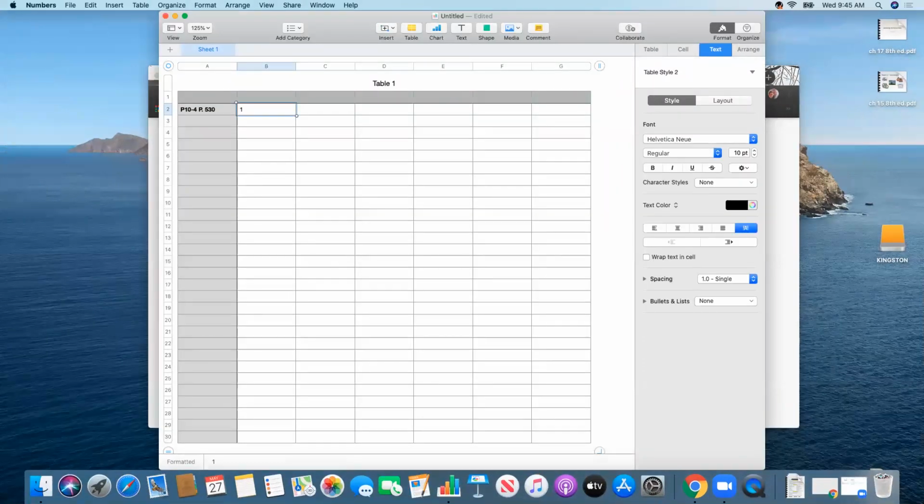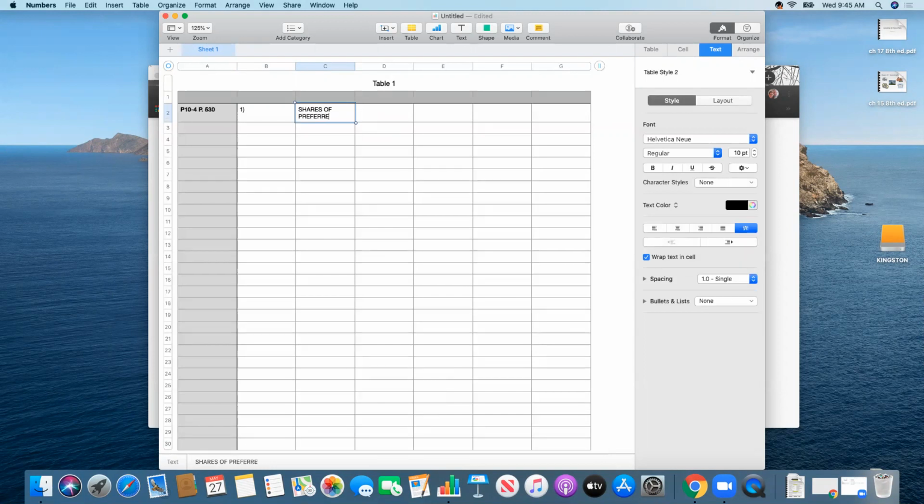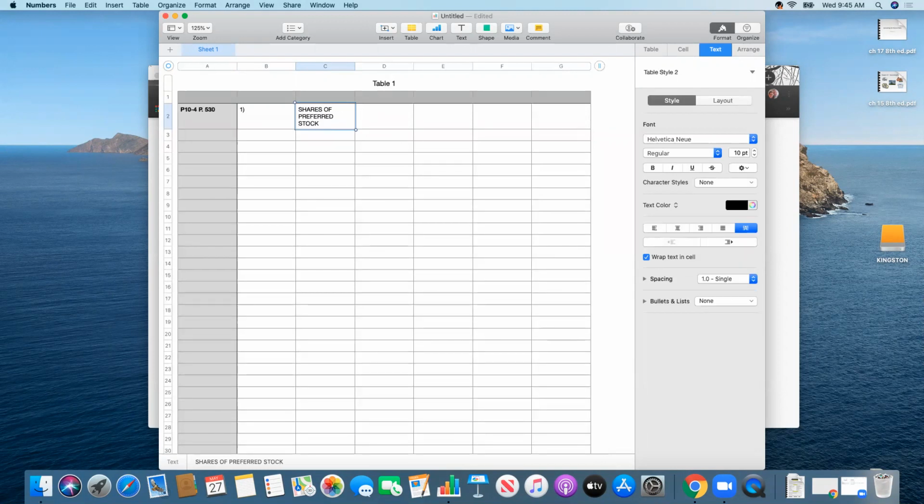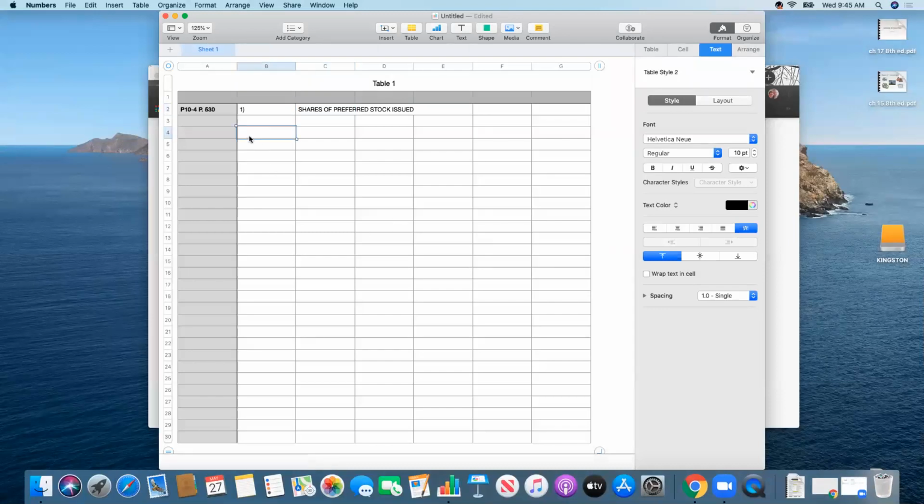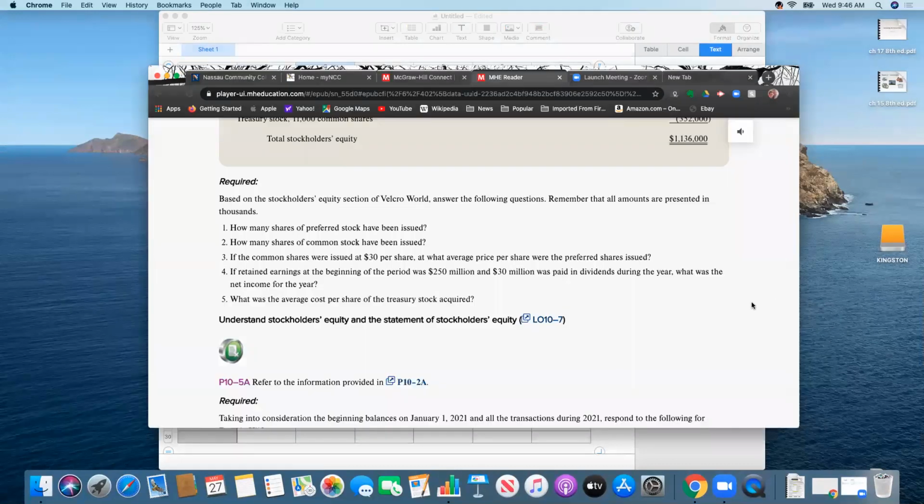So question number one, shares of preferred stock issued. Number two, shares of common stock issued. Okay, we'll go back and look at the balance sheet.